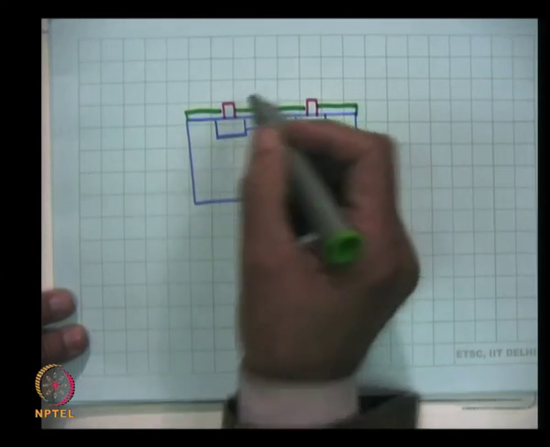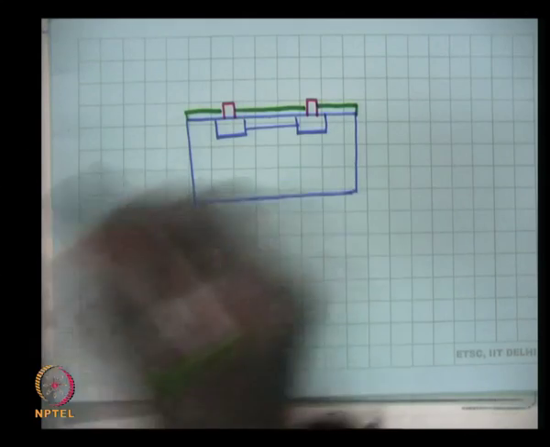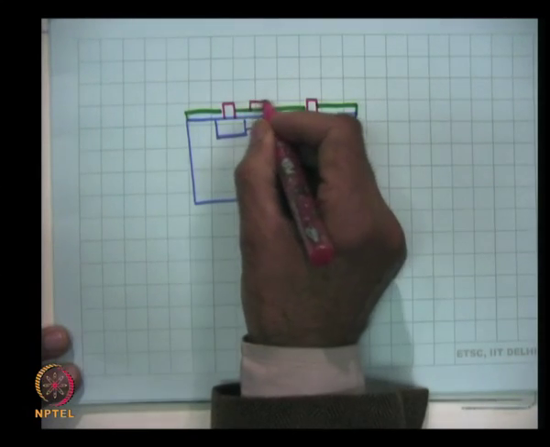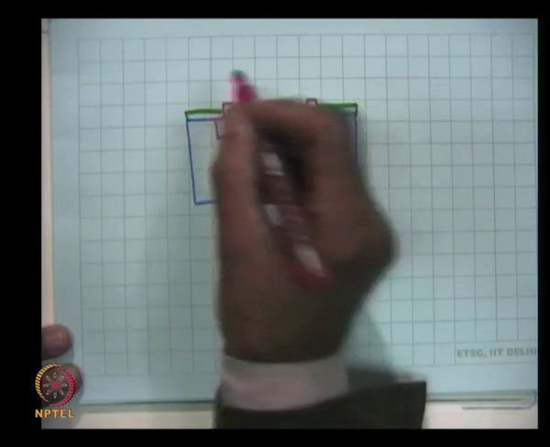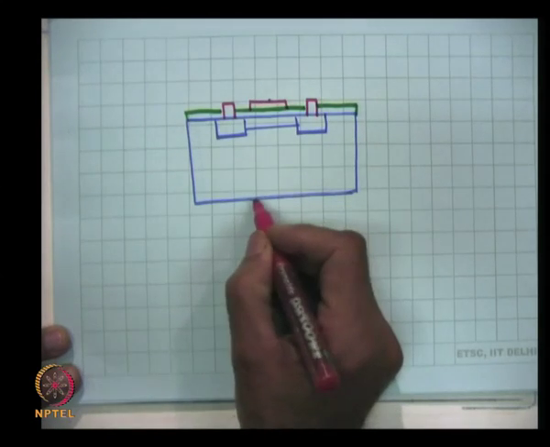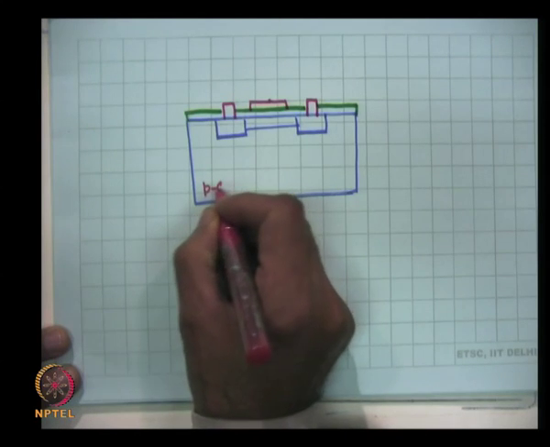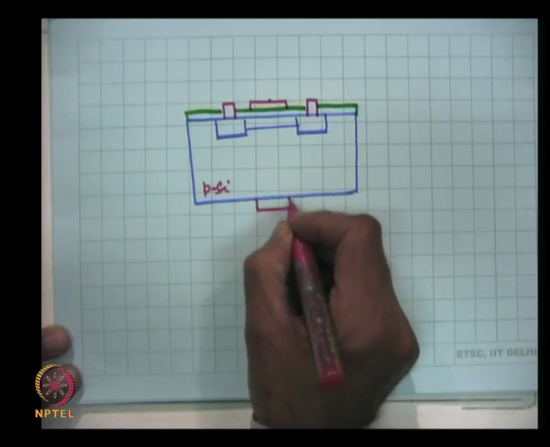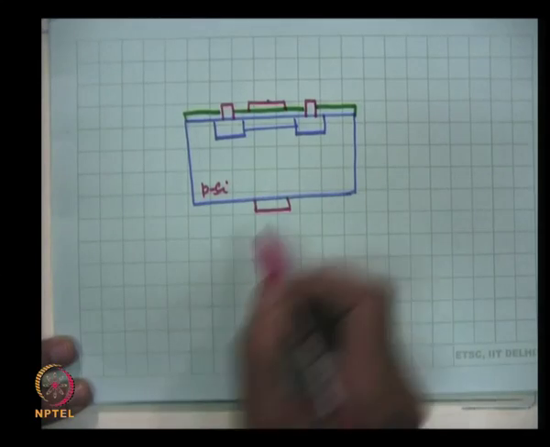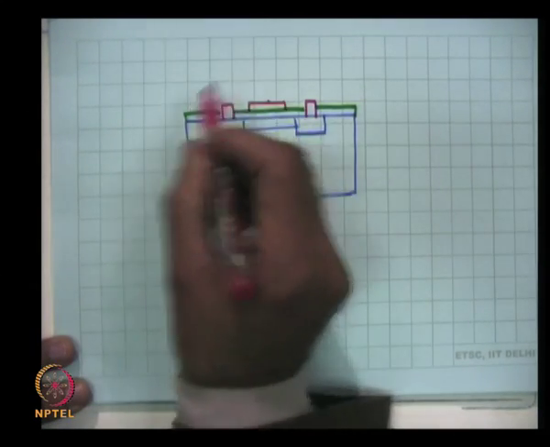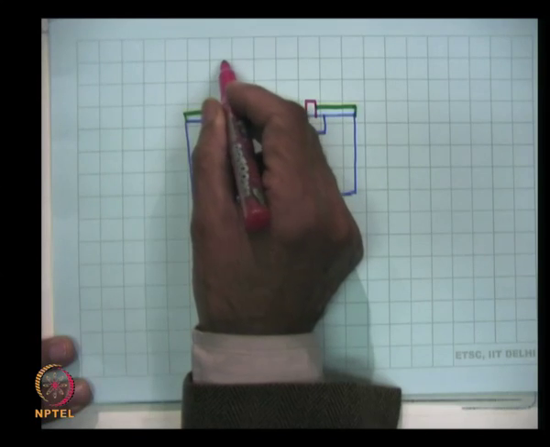This is the oxide and here is the gate electrode, and this is the semiconductor which is P silicon, and here is the body B, which is internally shorted to the source.